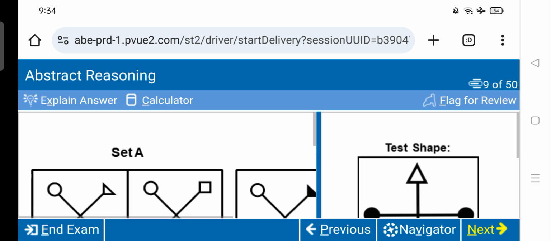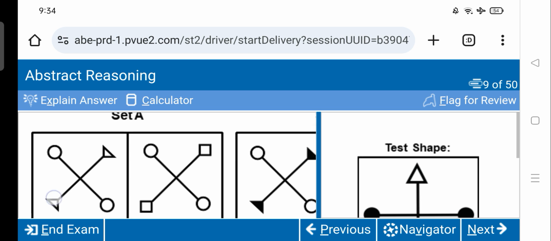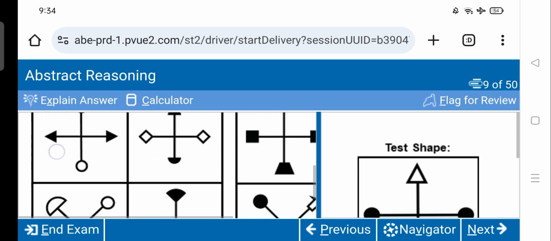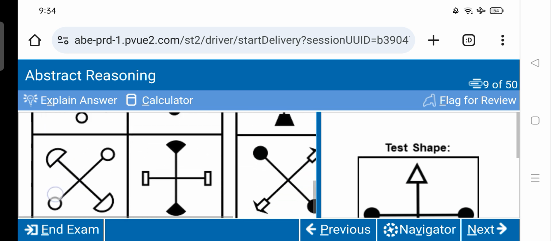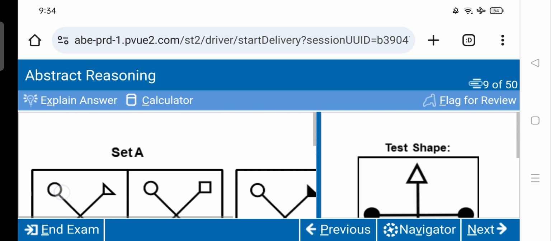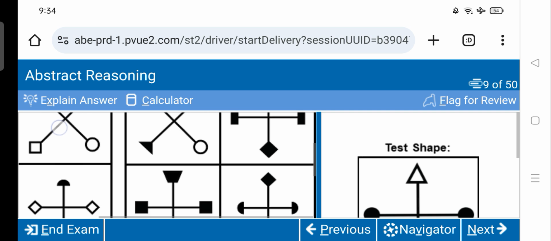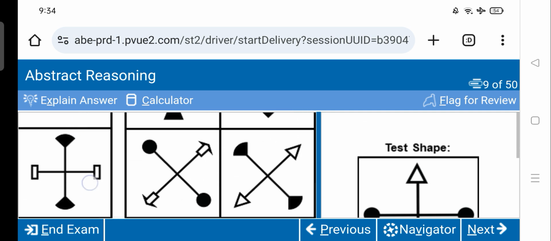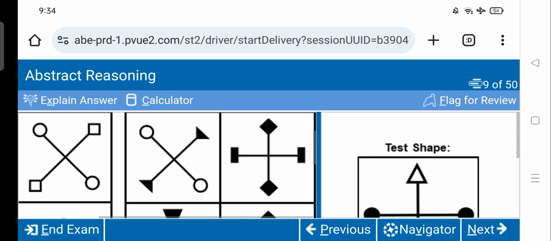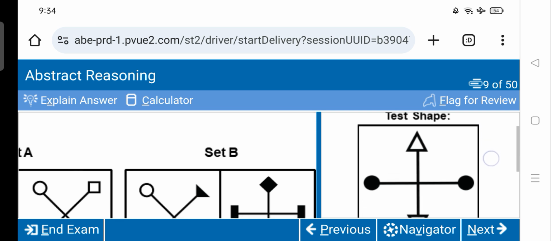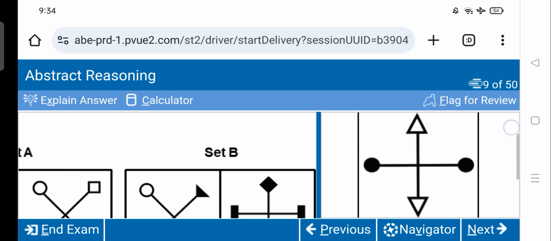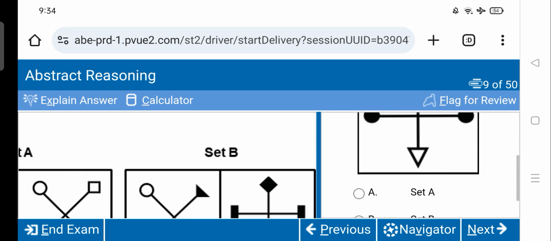Next we have question number 9, which says sets, as you can see here. Then we have set B with these shapes, shaded and unshaded ones. Then we have a test shape, two shapes, one is shaded in an addition form.